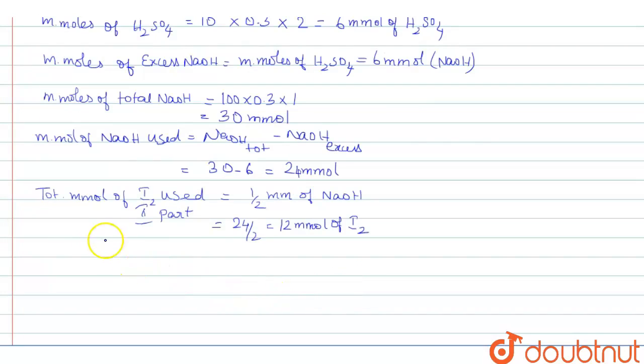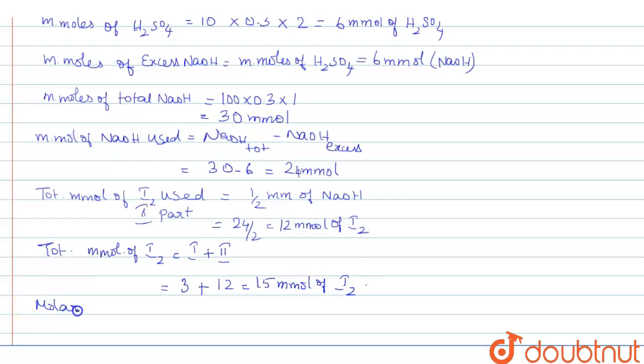What about the two parts of iodine here? The total millimoles of iodine used will be part 1 plus part 2. Part 1 is 3, which I calculated above, and 3 plus 12 gives altogether 15 millimoles of iodine used. Next I have to calculate the initial concentration, that is the molarity of I2, which is given by millimoles divided by volume.